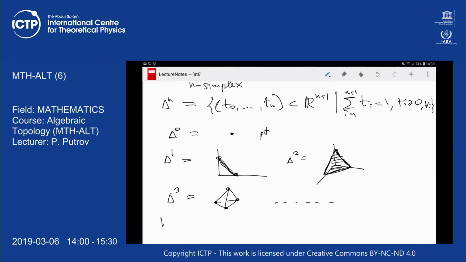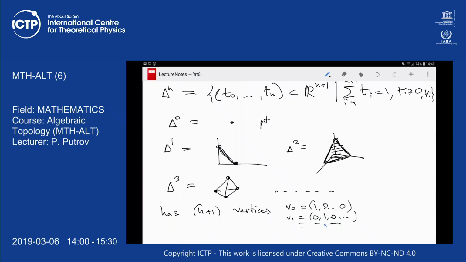So it has n+1 vertices. If it's realized like this, the vertices are 1, 0, 0, 0, then 0, 1, 0, and so on till the last one, which is 0, 0, 0, 1.